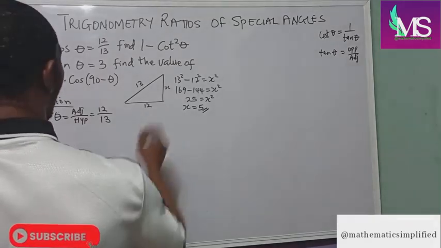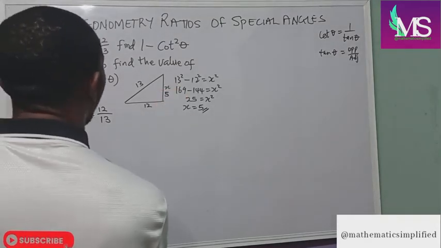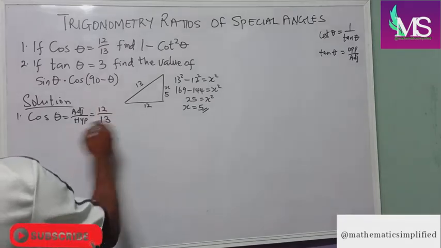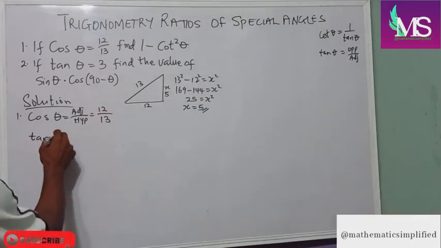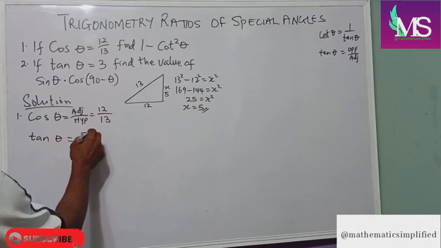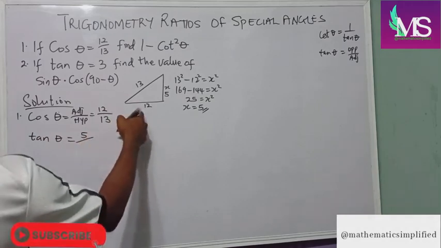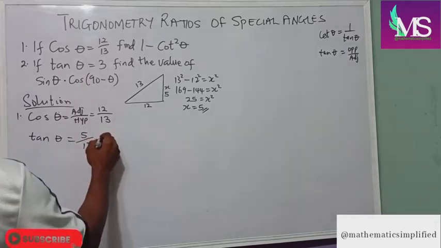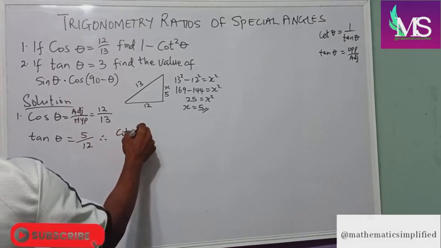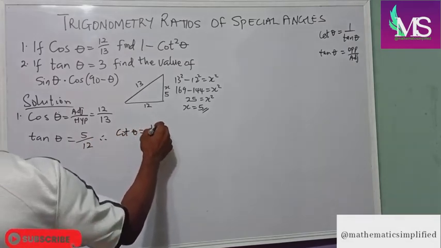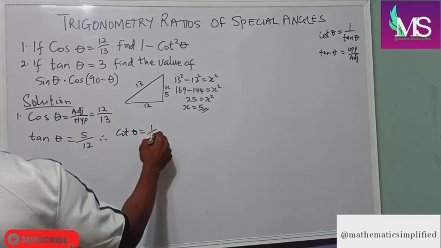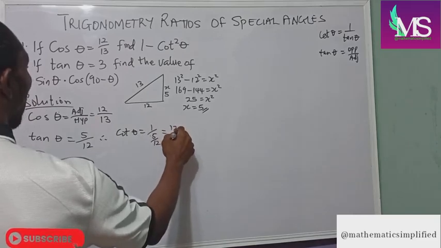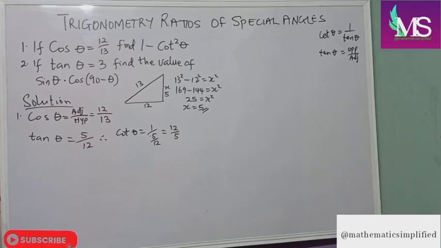So if opposite is 5, we can now find tan theta. So our tan theta equals 5 opposite over adjacent, 5 over 12 will be our tan theta. So therefore, cot theta equals 1 over 5 over 12, which will give us 12 over 5 as cot theta.